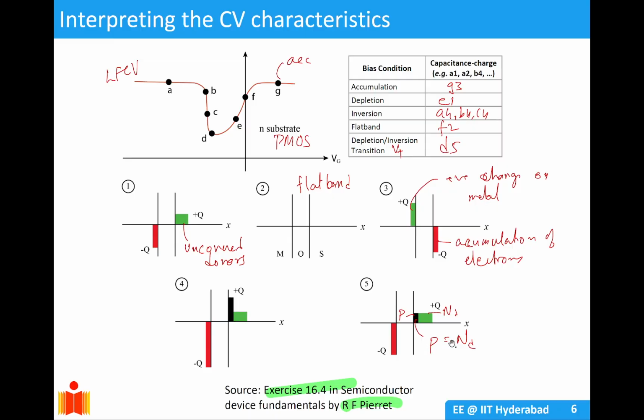So that is your p equals to N D. And then beyond that, all your A, B, and C are in the inversion regime, where your minority carriers have become your majority carriers and are overshadowing your depletion region.